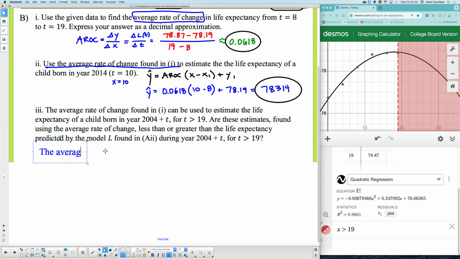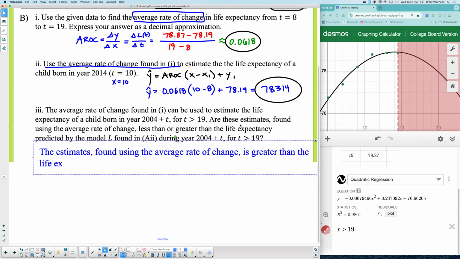So here, are the estimates found using the average rate of change less than or greater than? You would say the estimates found using the average rate of change is greater than the life expectancy predicted by model L. The reason is, since the model L is what?